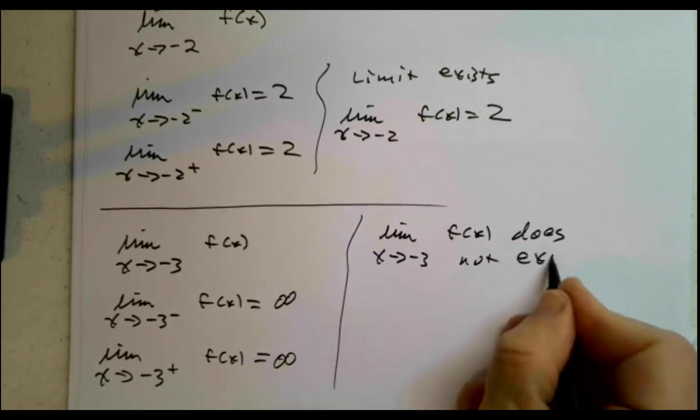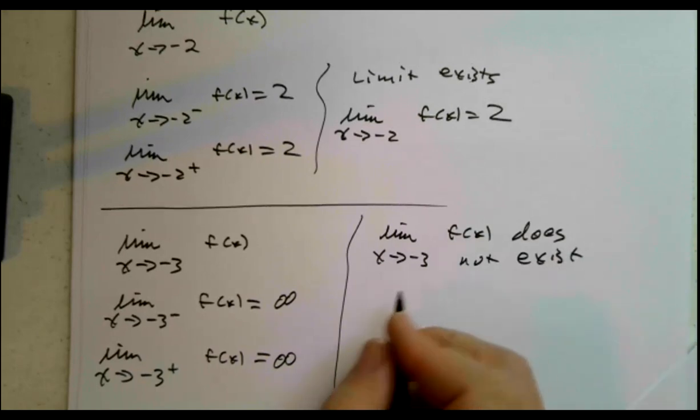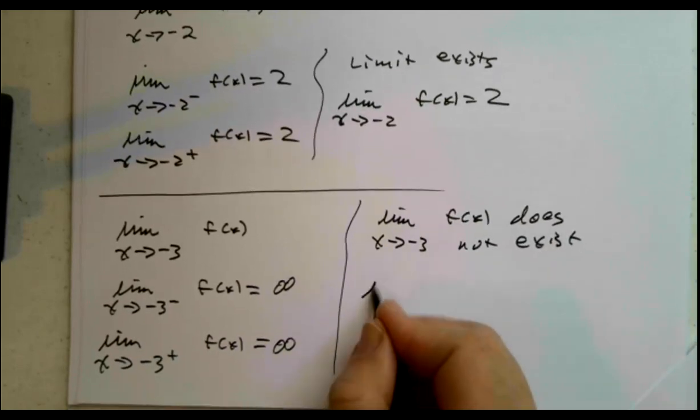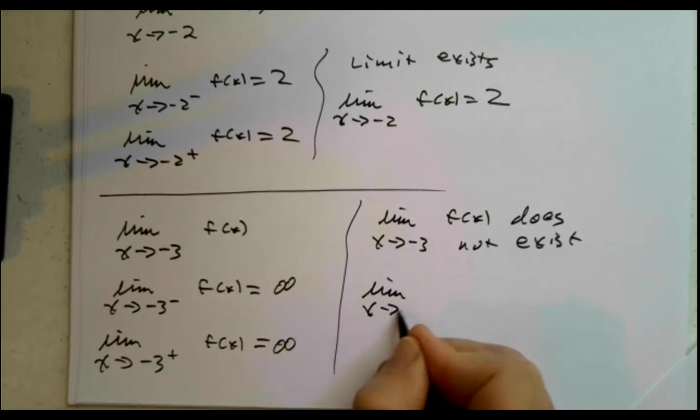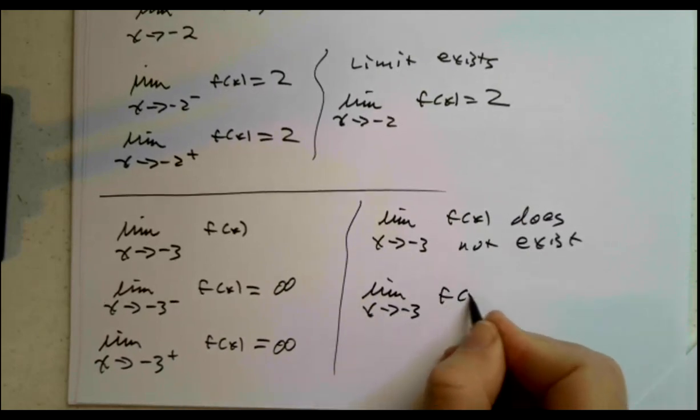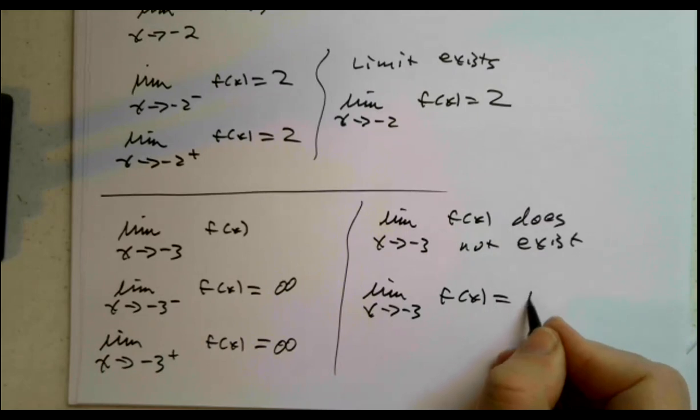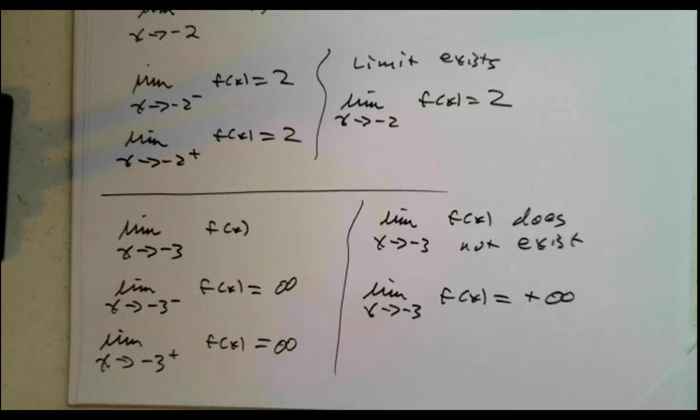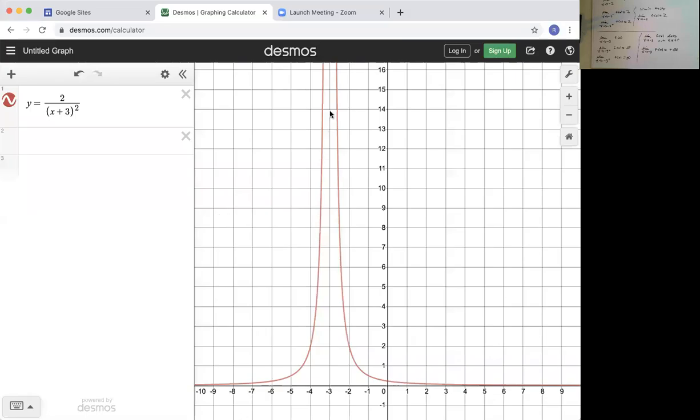It is not a real number, but it is tending towards infinity, which is why this notation is often used to say that the limit as x approaches -3 of f of x in this case does equal positive infinity. Because looking at the graph, heading from the left, it goes to positive infinity. As x approaches -3 from the left, the y values approach negative infinity. As x goes to -3 from the right, the y values approach negative infinity.